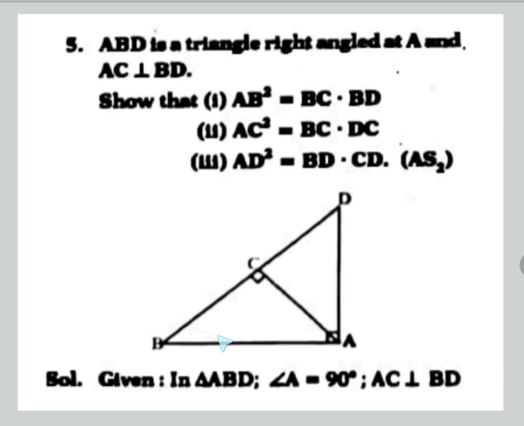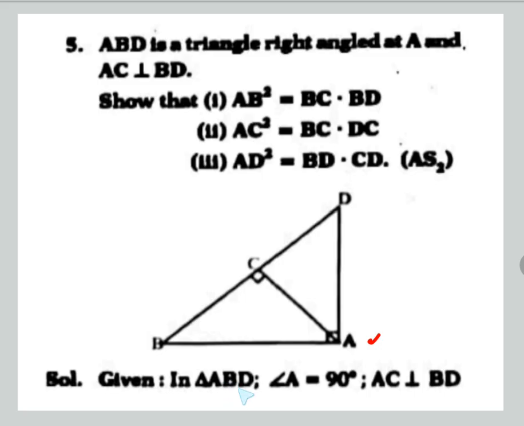ABD is a triangle, right angle at A, and AC is perpendicular to BD. So that AB square is equal to BC into BD, AC square is equal to BC into DC, and AD square is equal to BD into CD.